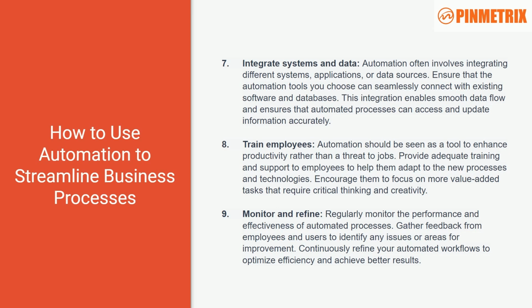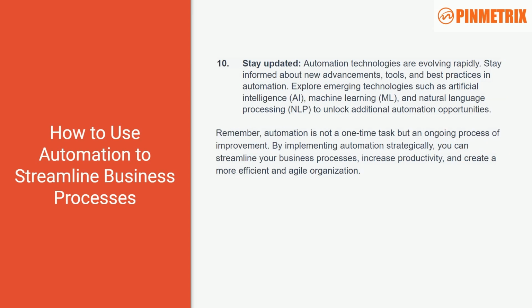So you need to stay updated with the latest technologies. Automation technologies are evolving rapidly. Stay informed about new advancements, tools, and best practices in automation. Explore emerging technologies such as artificial intelligence, machine learning, and natural language processing to unlock additional automation opportunities.